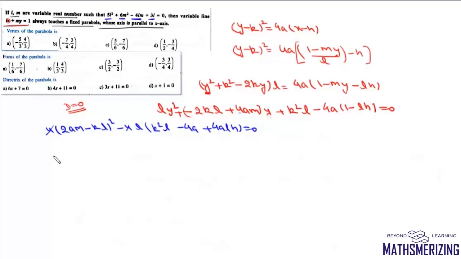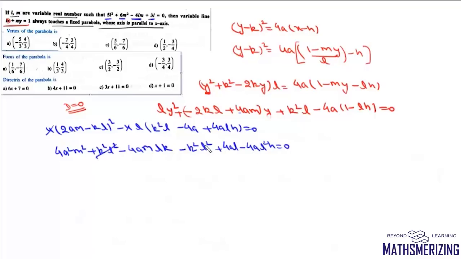So we can write it as 4a square m square plus k square L square minus 4amLk minus k square L square plus 4aL minus 4a L square h equals 0.